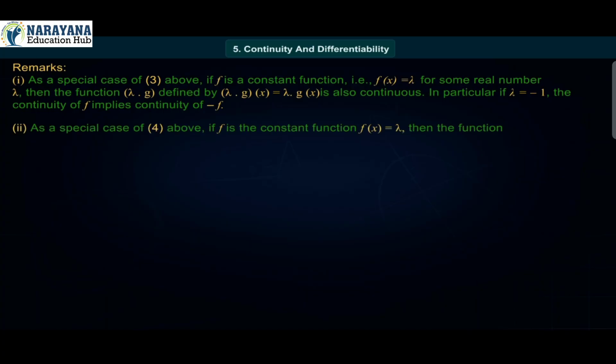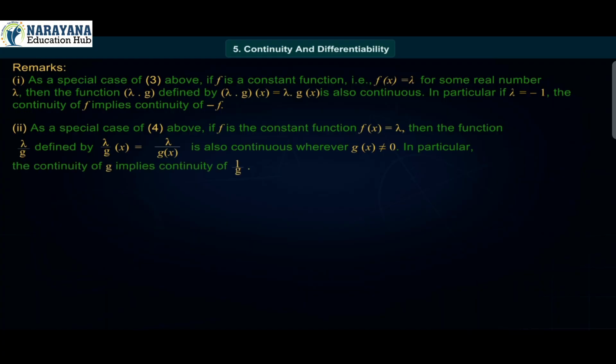As a special case of 4 above, if f is the constant function, f(x) = λ, then the function λ/g defined by (λ/g)(x) = λ/g(x) is also continuous wherever g(x) is not equal to 0.